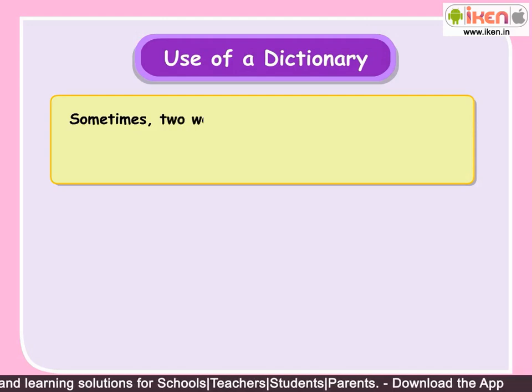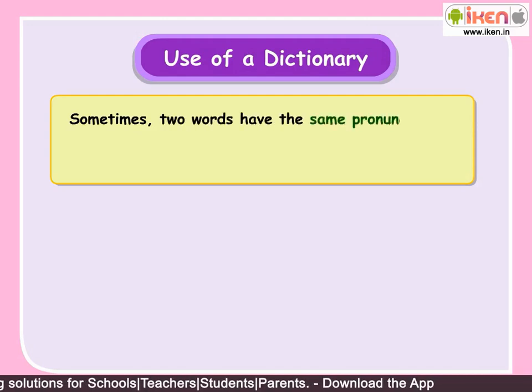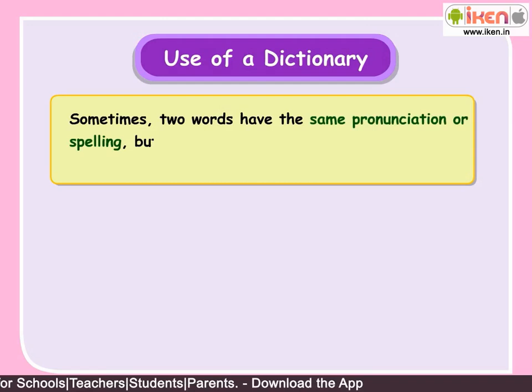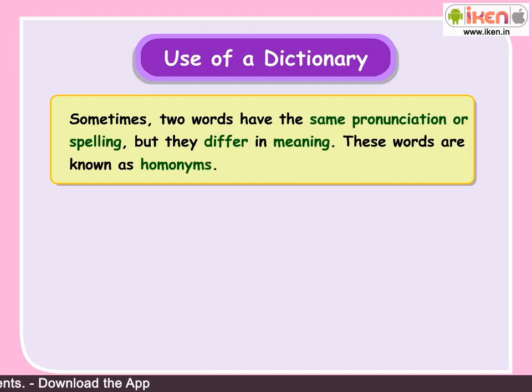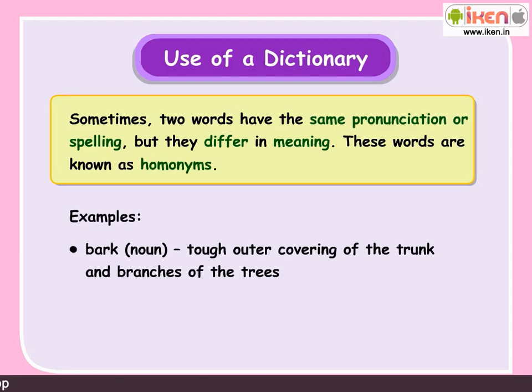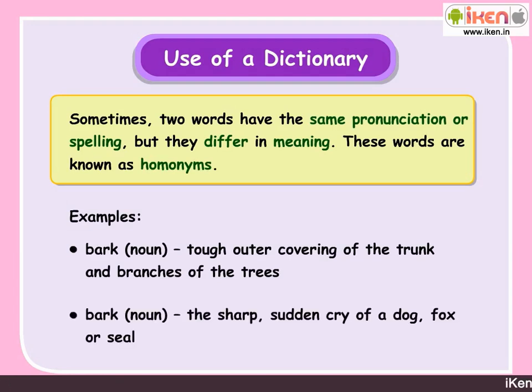Sometimes, two words have the same pronunciation or spelling, but they differ in meaning. Such words are known as homonyms. For example, the words bark and bark are homonyms since they have the same pronunciation, but they have different meanings.